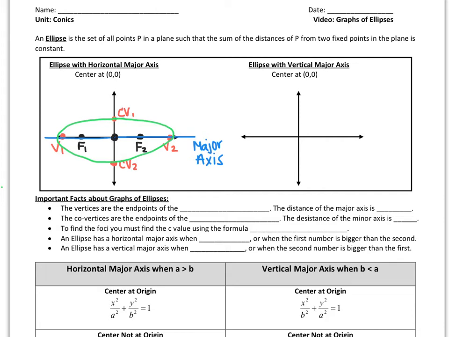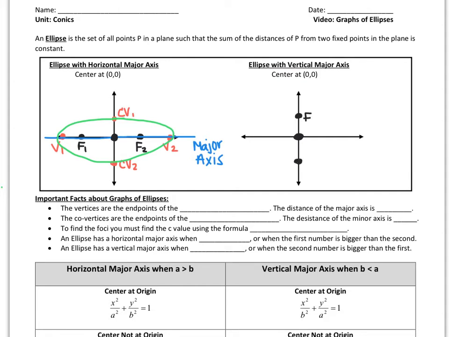all in the middle. Okay? Now we're going to graph an ellipse with a vertical major axis with a center at the origin. So here's a center, and we need our two fixed points. So in order for the ellipse to open up vertically, our foci need to be on that vertical major axis.